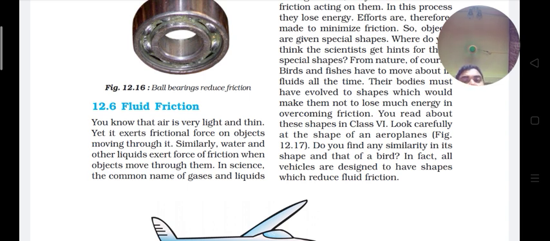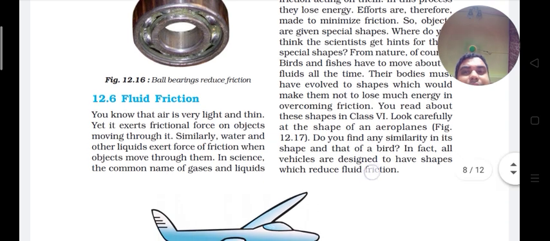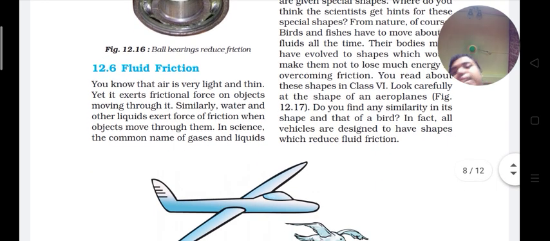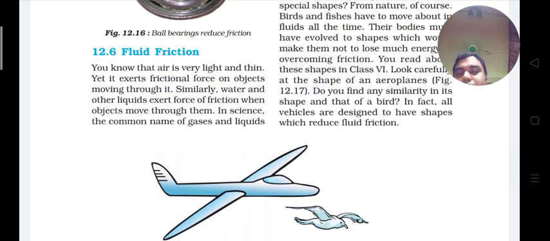A body shape which offers very little resistance to the flow of air or water around it is called streamlined shape. What is a streamlined shape? This is a very important question.